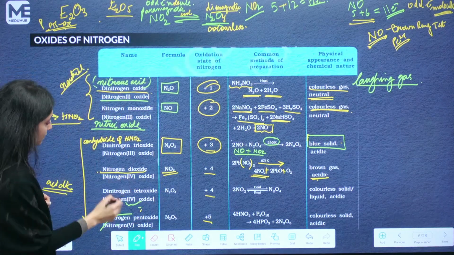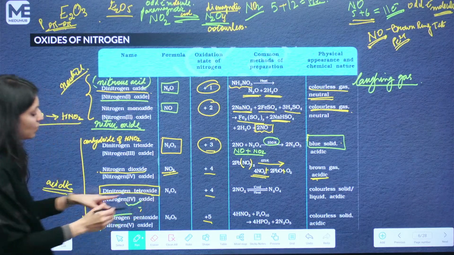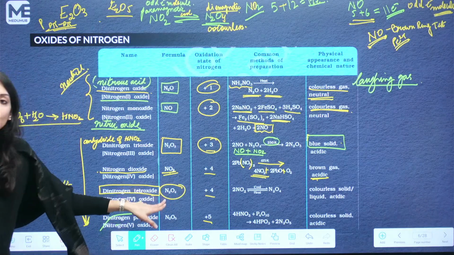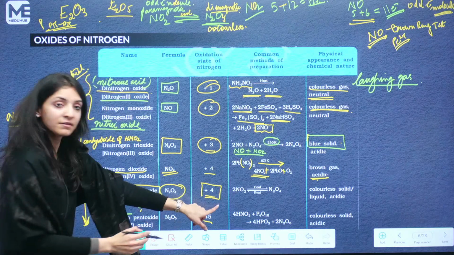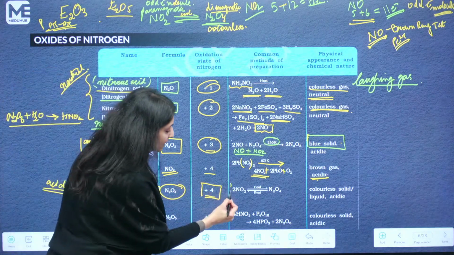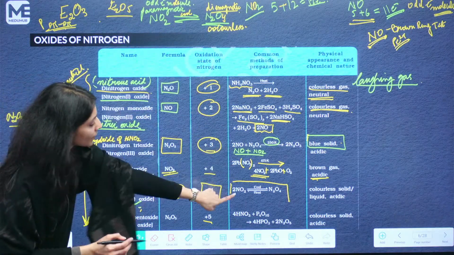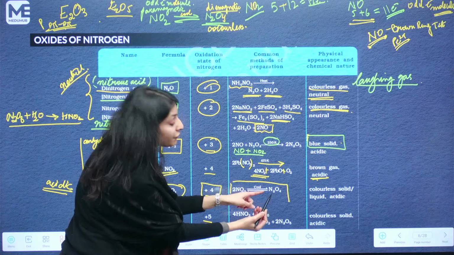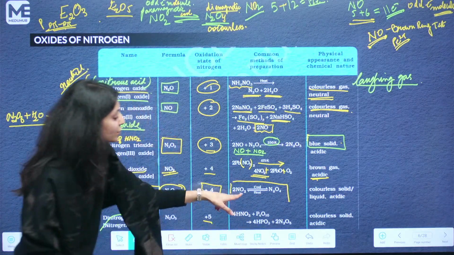N2O4 is dinitrogen tetroxide, which is the next oxide of nitrogen. In N2O4, nitrogen is in a +4 oxidation state again. Now you look here, this is the exact reaction which I wrote here. On cooling, NO2 gives us N2O4, and if N2O4 is heated, it gives us back nitrogen dioxide.